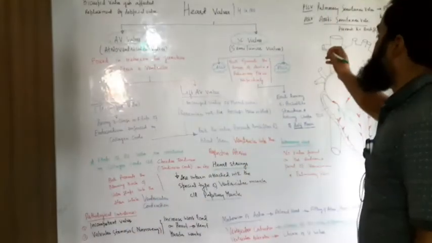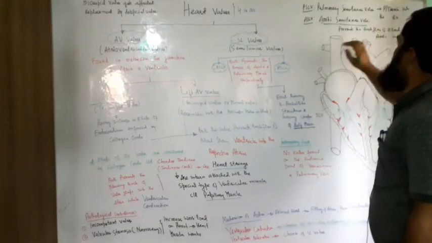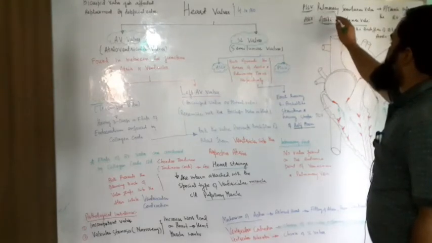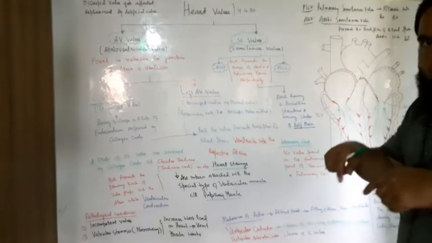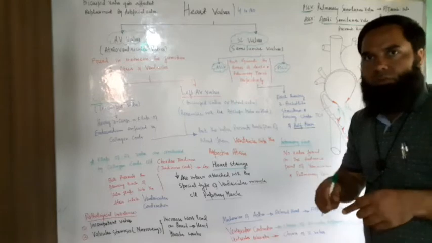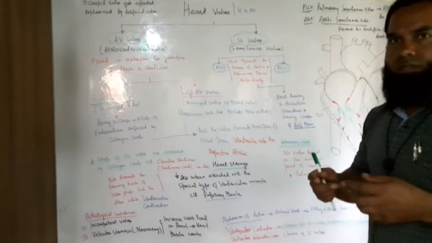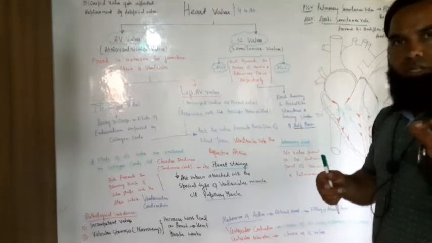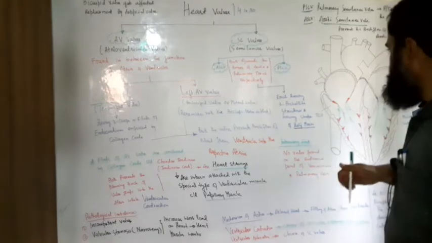ASLV means aortic semilunar valve, and PSLV means pulmonary semilunar valve. Both guard the bases of the 2 large, or greater, vessels: the pulmonary trunk and the main aorta.